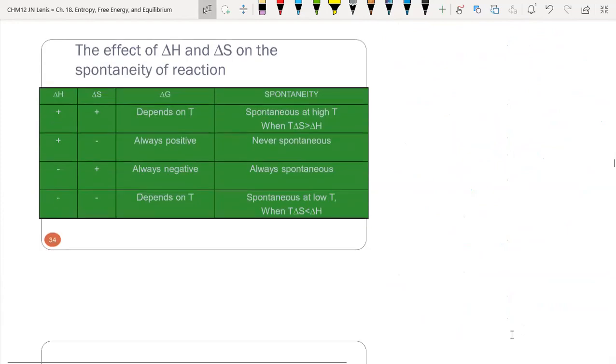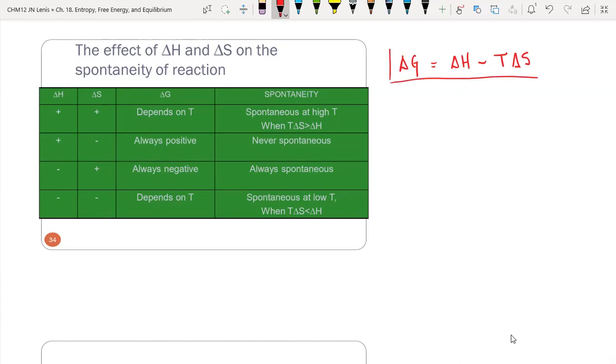So here I like this table because this one shows you how to make predictions in terms of spontaneity of the chemical reaction. So we have several possibilities here. Let's analyze the free energy equation. The free energy equation says that delta G of the system equals delta H of the system minus T delta S of the system.